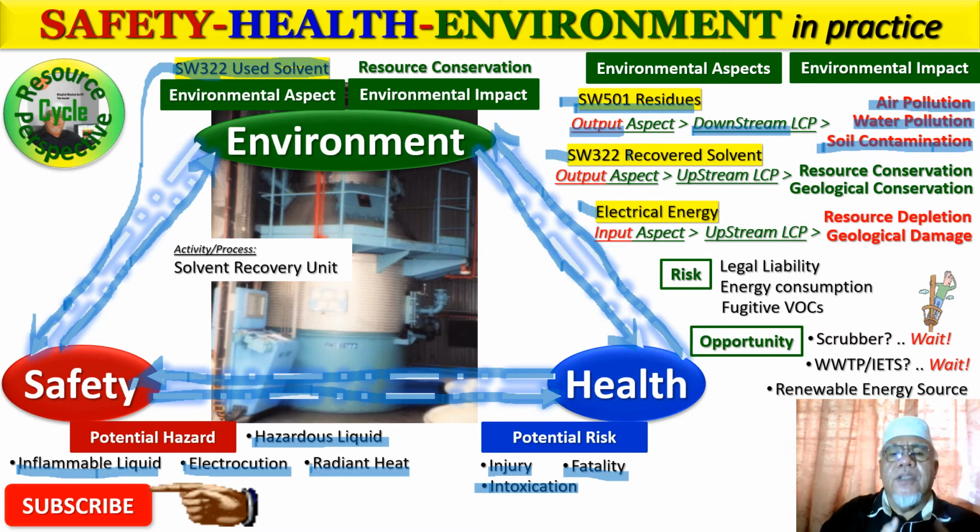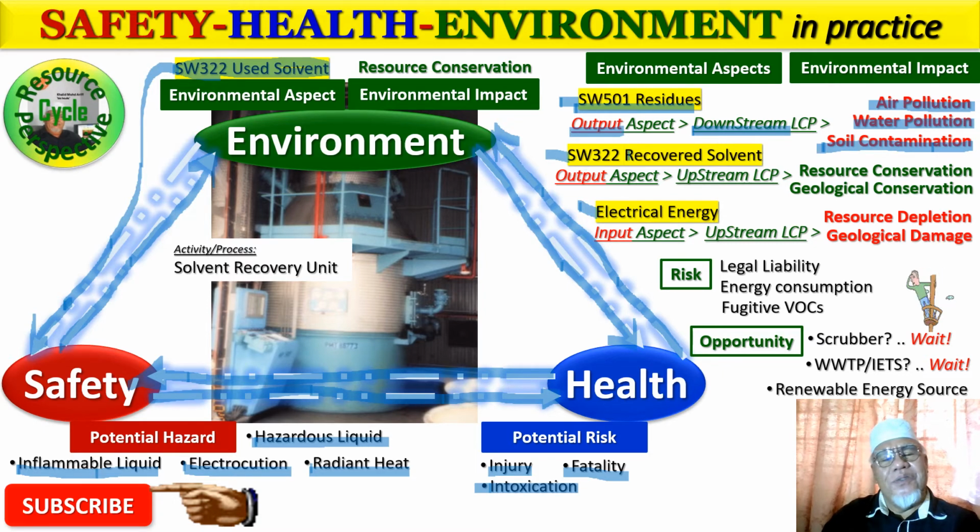Then it will enter the soil and cause soil pollution, and also get into groundwater and cause groundwater contamination. That is the subsequent chain of events whereby this particular residue interacts with the environment and causes environmental impact as explained, and the whole thing from the residue to the environmental impact is only its downstream life cycle. Got it? Okay.